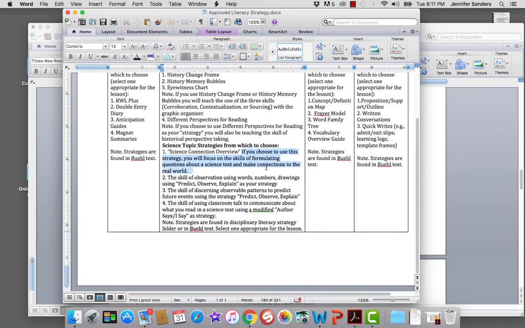If you choose to use this strategy, you're focusing on the skills of formulating questions about a science text and making connections to the real world. All these other strategies, they're built within the explanation that you find. Okay?